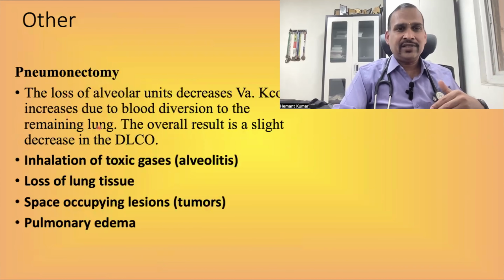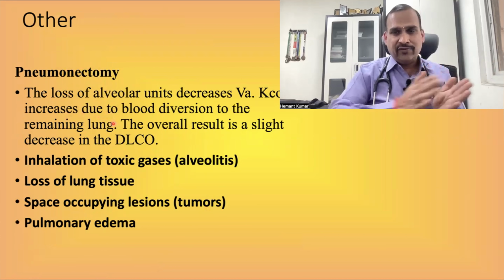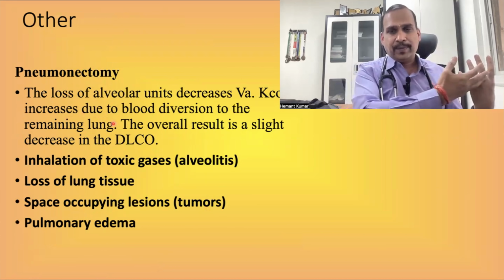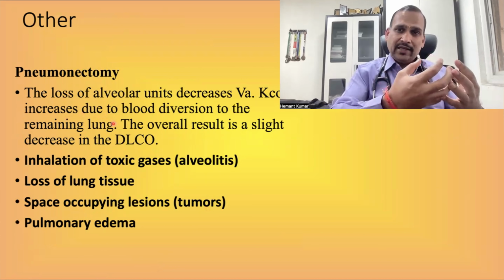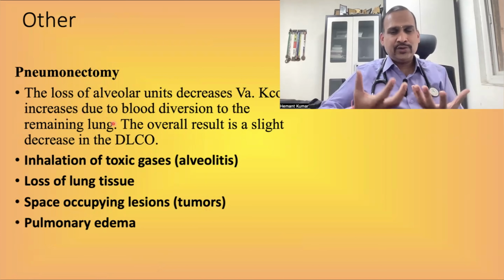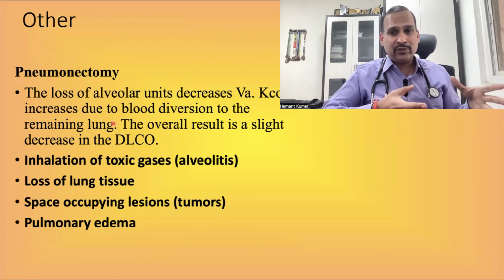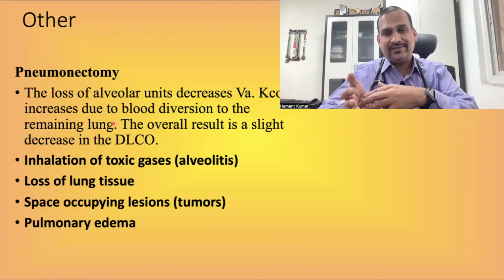Okay. Other conditions, for example, pneumonectomy. Pneumonectomy is partial removal of lung. Say for example, there are two lungs and one lung is removed. So VA reduces because surface area reduces, as one lung is removed. But the whole blood supply, the whole pulmonary circulation, will be diverted to the normal healthy lung.